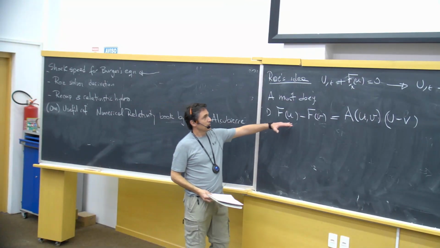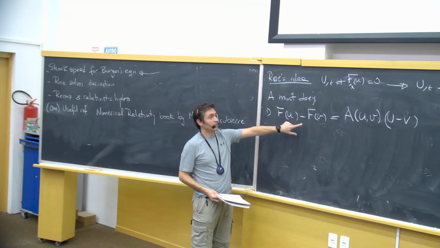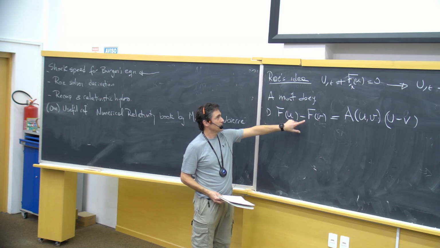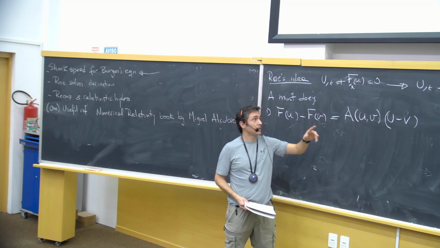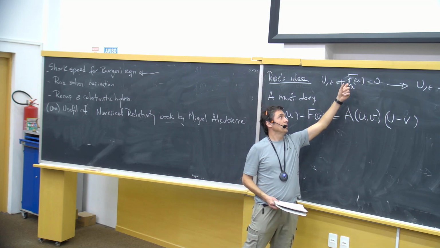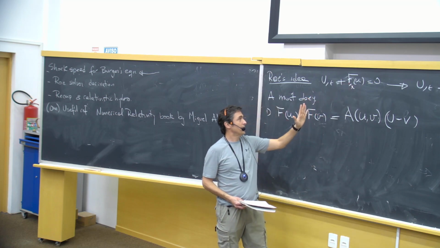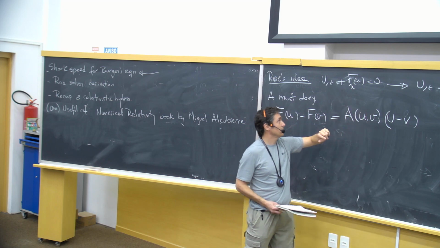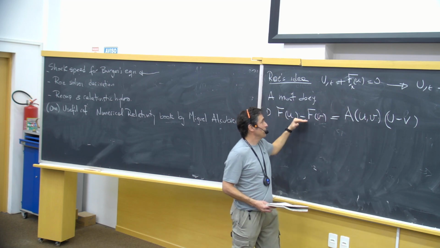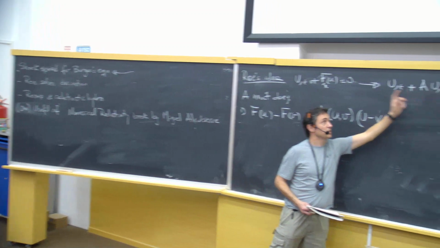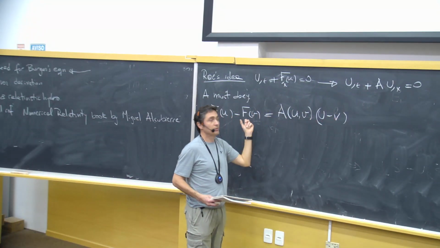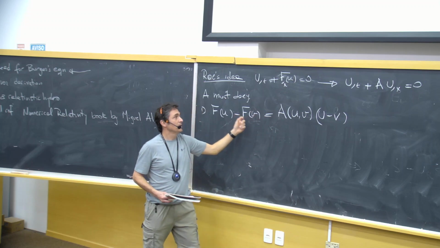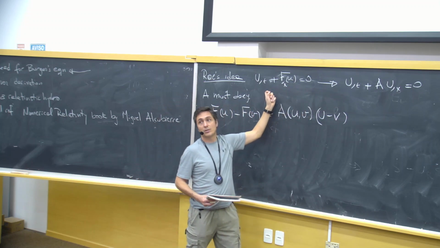Of course, we can already see where we're going with this. Formally, when I iterate on the cell, this will give me the value of the flux at one cell side minus the value of the flux at the other cell side. We're trying to reproduce this in this problem. We're going to change this F into an A, and then we want that A to satisfy precisely this relation. If we satisfy this, the problem is now capturing the solution of the original problem.